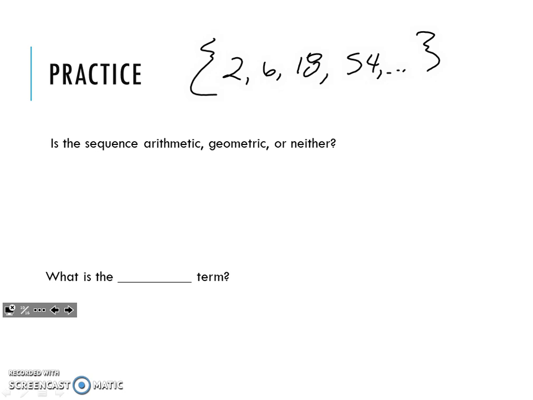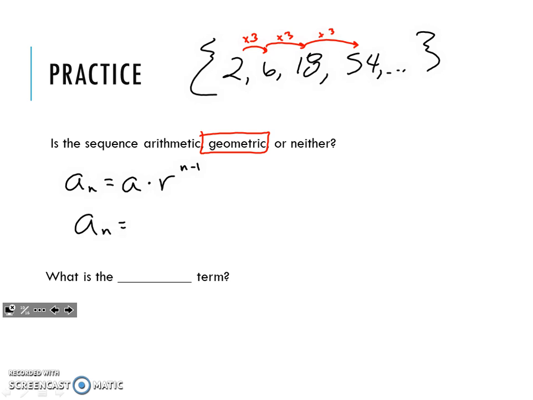Okay, I'm trying to figure out what's going on between each of these. Well, it looks like I am multiplying by 3 on every single one of those. So since I'm multiplying by 3, that is a geometric sequence. My nth term formula for a geometric sequence is going to be a times r to the n minus 1 power. Again, a is your first term, r is our common ratio.